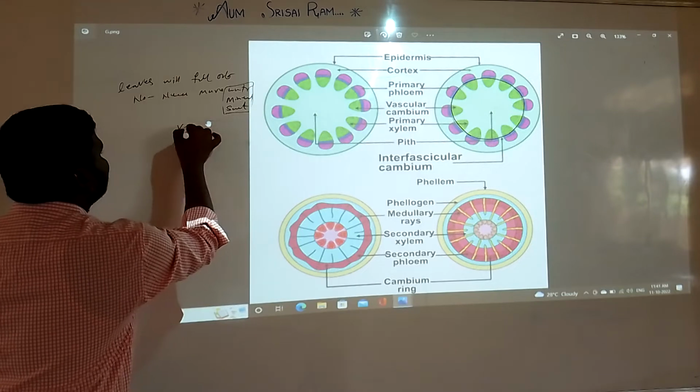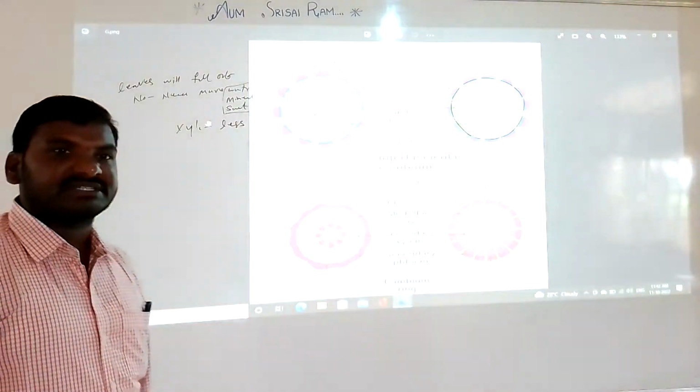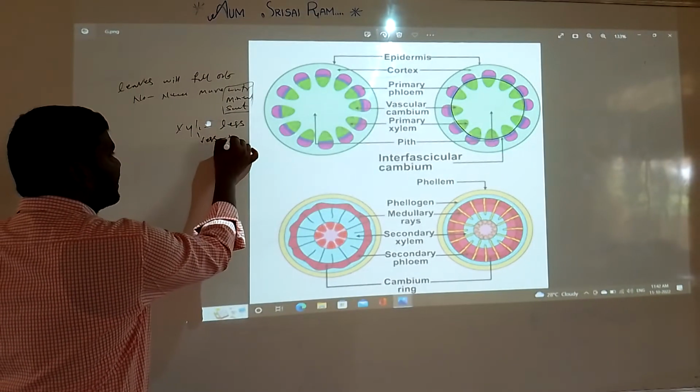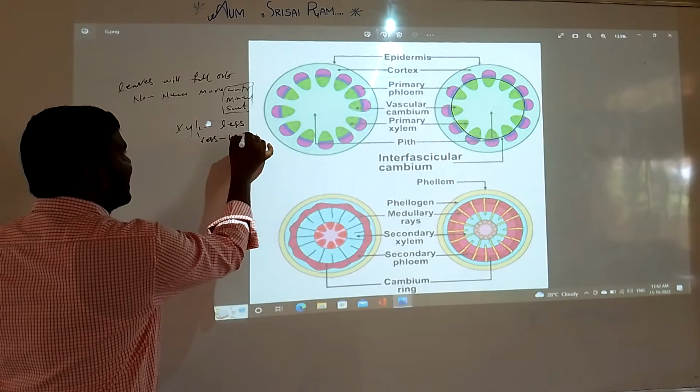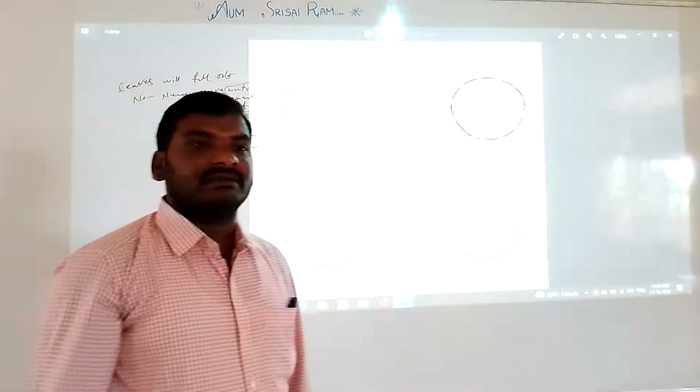That's why the xylem is produced in less amount. At that time the xylem vessels are present with a narrow lumen. Narrow lumen.